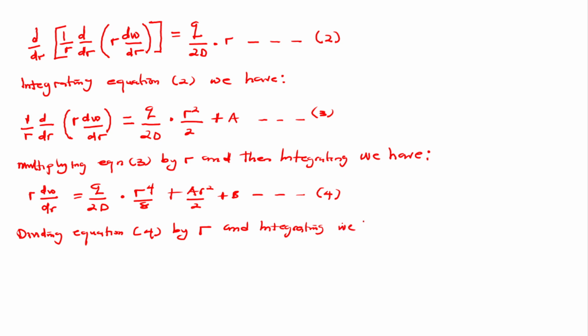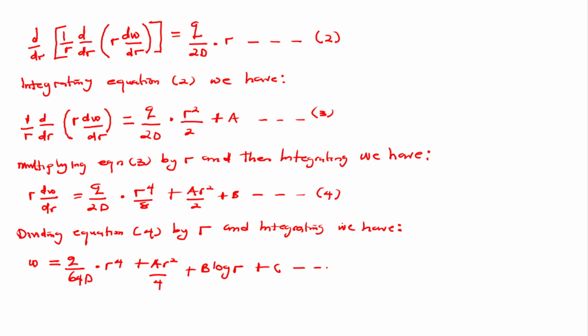we have w equals to q over 64D r raised to power 4 plus A r square over 4 plus B log r plus C, which is the constant of our integration.